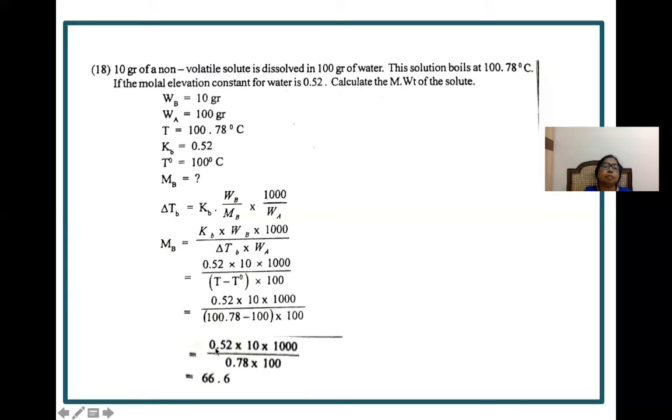So 0.52 into 10 into 1000 by 0.78 into 100. After doing the calculations, we will get 66.6 as the molecular weight of the solute.